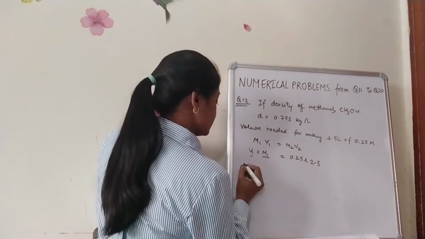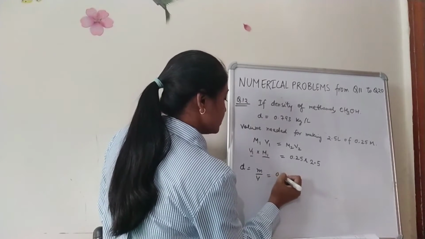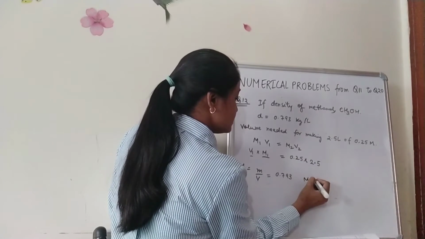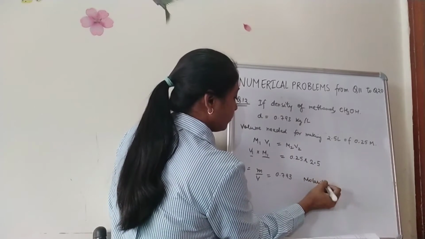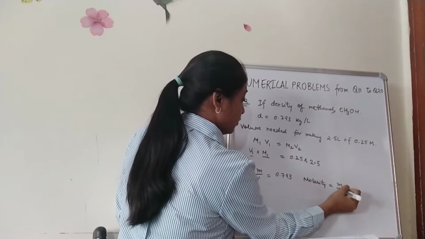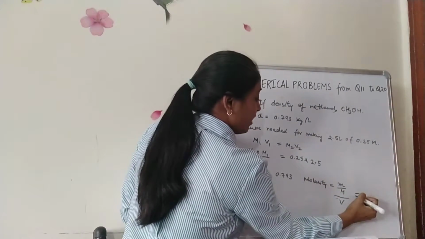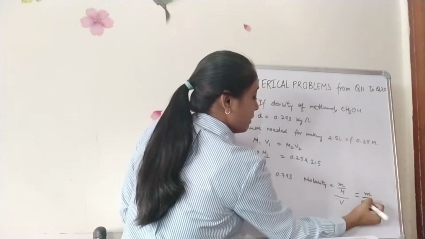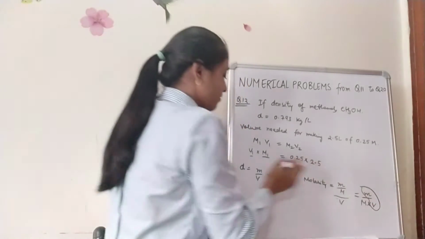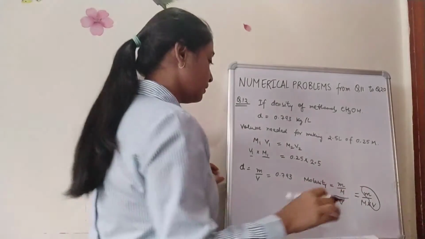So density equal to mass by volume, which is equal to 0.793, right? And molarity is equal to number of moles of solute, that is mass divided by molar mass, divided by volume. So we can write here mass divided by molar mass into volume. So mass by volume is given how much? 0.793, right? So we can put it here.